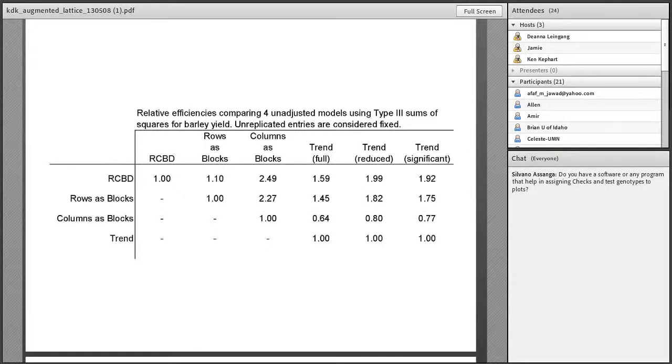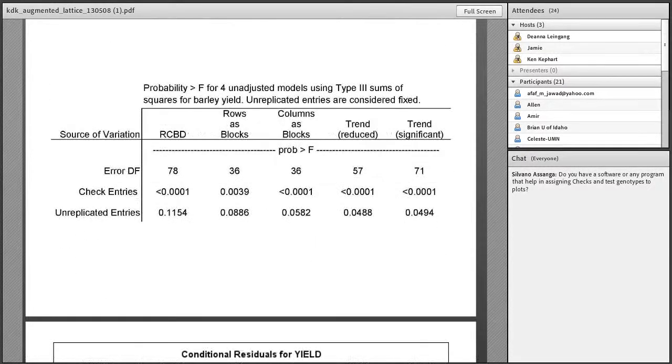If we look at how well columns as blocks did, there you can see a big improvement in relative efficiency, basically 249% improvement over the RCBD. And then in the trend analysis, I was a bit disappointed in this. I thought that actually we would have the highest relative efficiency with the trend analysis using the full complement of orthogonal polynomials.